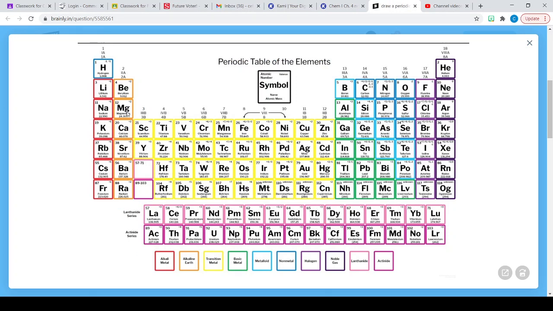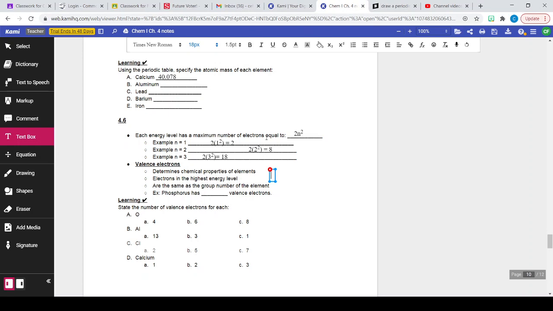So what I would do if I were you guys, on your own periodic table, I would put 1 VE, 2 VE, skip this whole middle section, 3 VE, 4, 5, 6, 7, and 8 VE for valence electrons. So phosphorus has 5 valence electrons. So put that here.